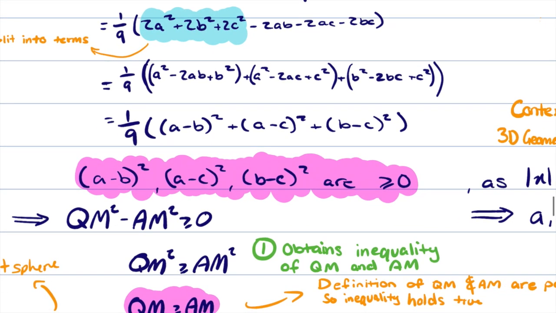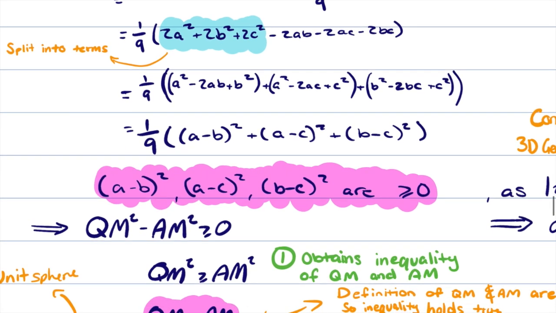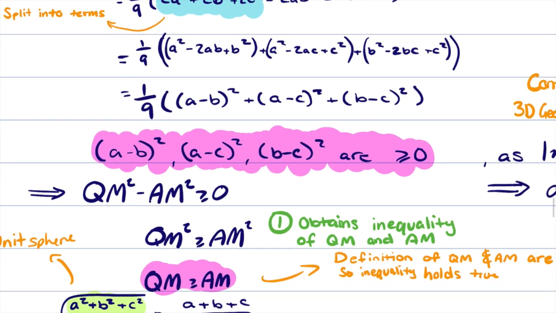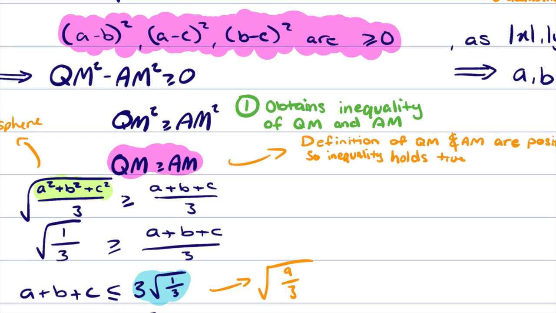Therefore, a ninth times a positive number is going to lead to a positive number. Therefore, we can say that our quadratic mean squared minus our arithmetic mean squared is greater than or equal to 0. Rearranging, we know our quadratic mean is greater than or equal to our arithmetic mean. This is where we'd gain our first mark for this alternate solution.